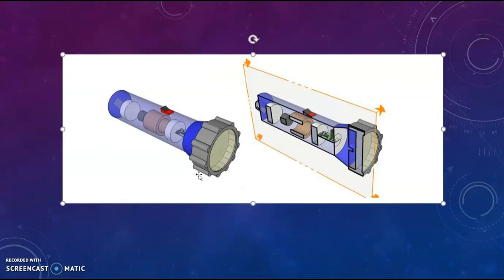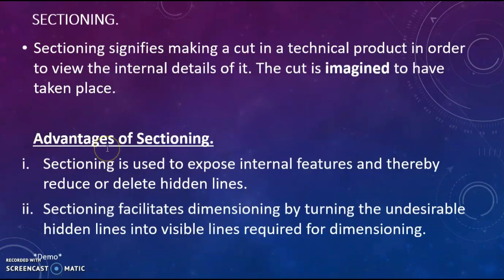So let's give an explanation of what sectioning is. When we say sectioning, we are talking about making a cut in a technical product in order to view the internal details of it. So whenever we make a cut through any engineering product or any technical product so that we can view its internal details, then we are performing sectioning on that product.